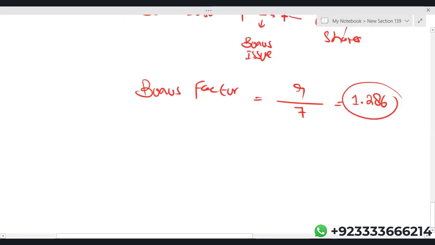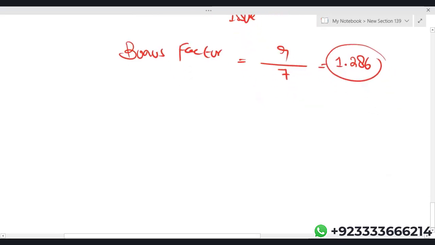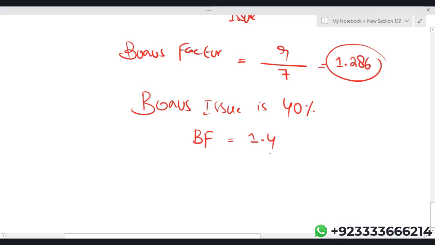For example, let's try one question. And before that, there's another possibility. Let's say the examiner says the bonus issue is 40%. Instead of a ratio, what if the examiner gives you a percentage? If the bonus is 40%, then the bonus factor will be 1.4.